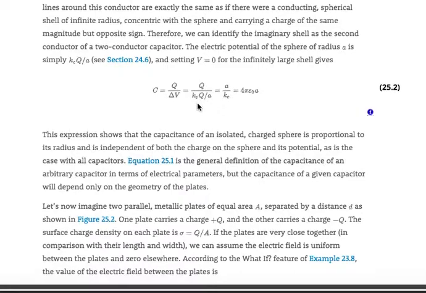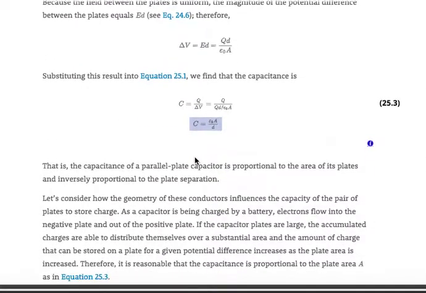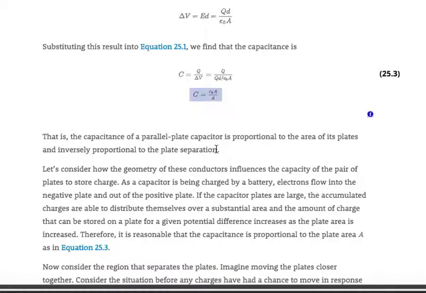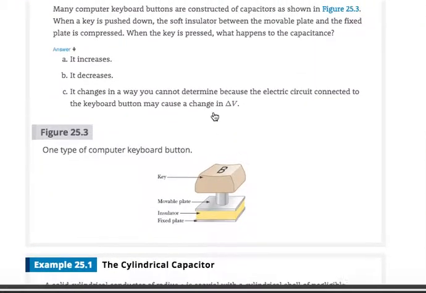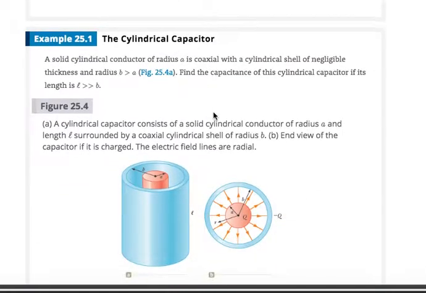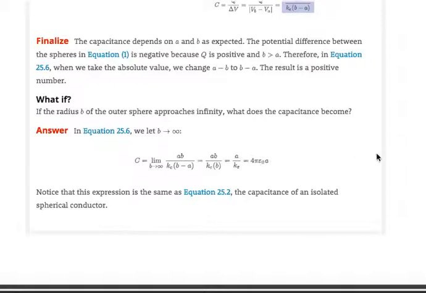To calculate capacitance, we use Q over delta V, or we can use epsilon naught A over d, and that's best for parallel plate capacitors. We're going to go through the cylindrical capacitor and the spherical capacitor in just a minute. I will come back to those.